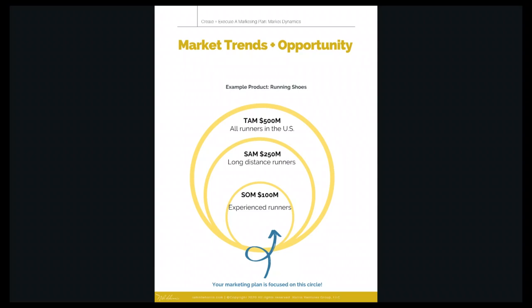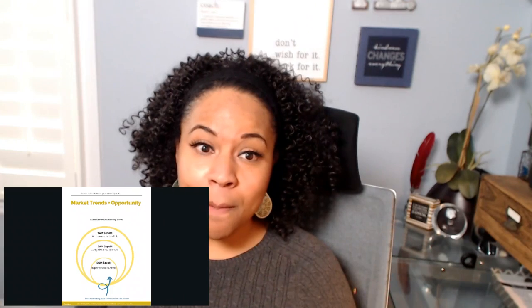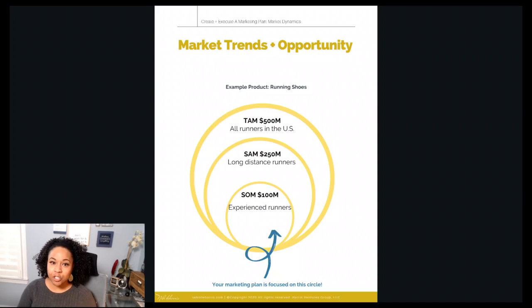Well, let's say you have narrowed down your focus even more. Let's say you've narrowed it down to you only want experienced runners, not beginning runners. These are the ones that drive all over the country looking for different marathons to run in. Maybe they're high school students who are running cross country, athletes who are training for the Olympics.